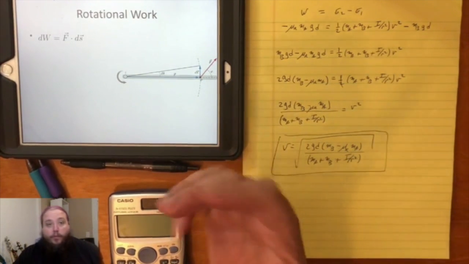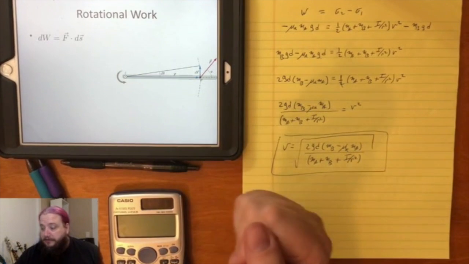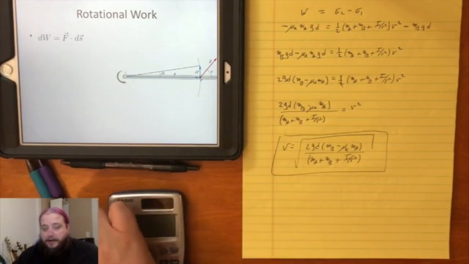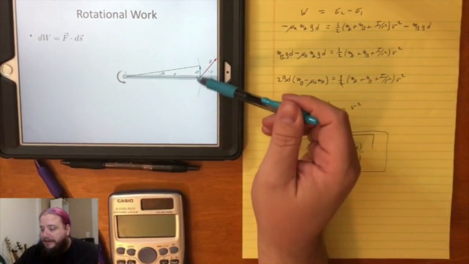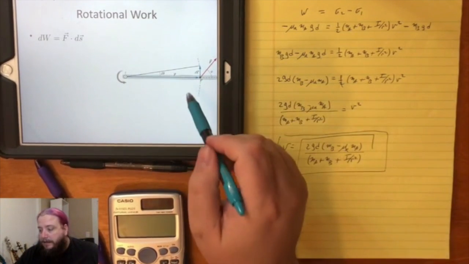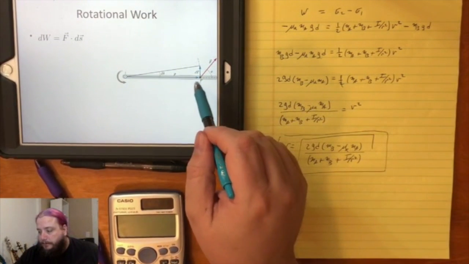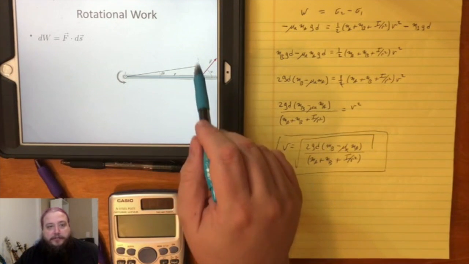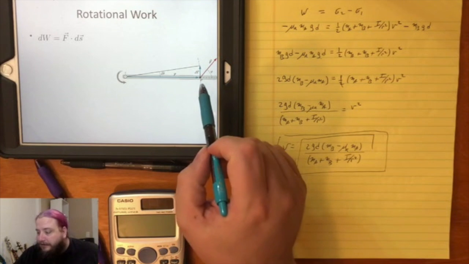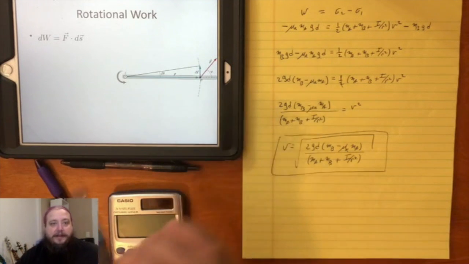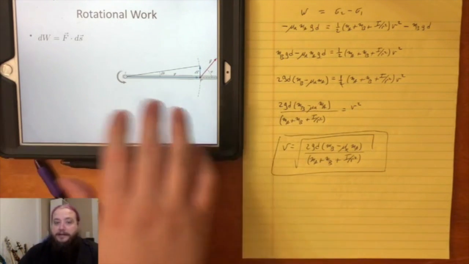First, we could talk about work being done by rotation. So if you've got again, our object over here at the end of a long massless rod here, there's a force dotted into a ds here. So that's the work being done.